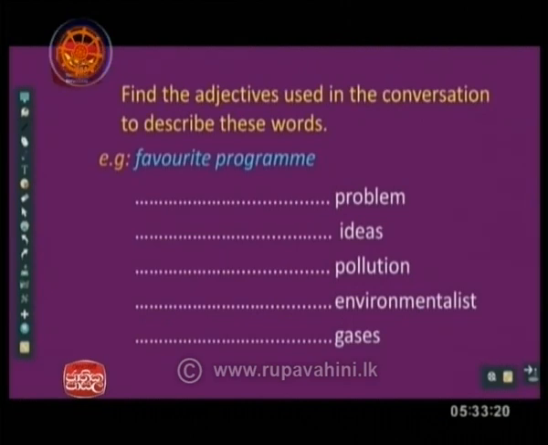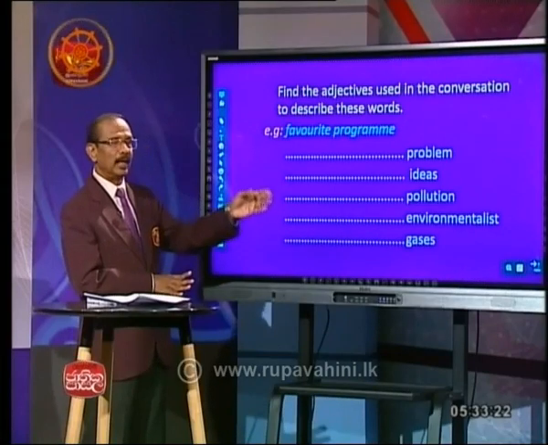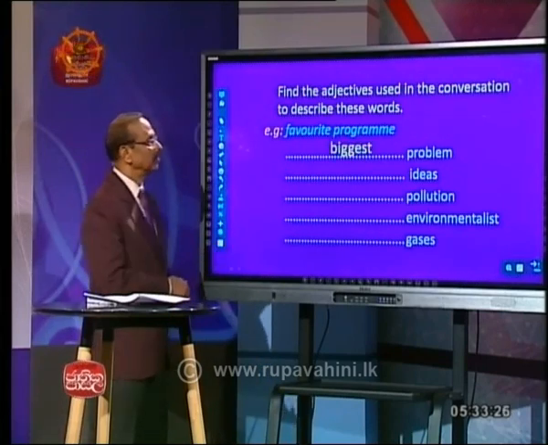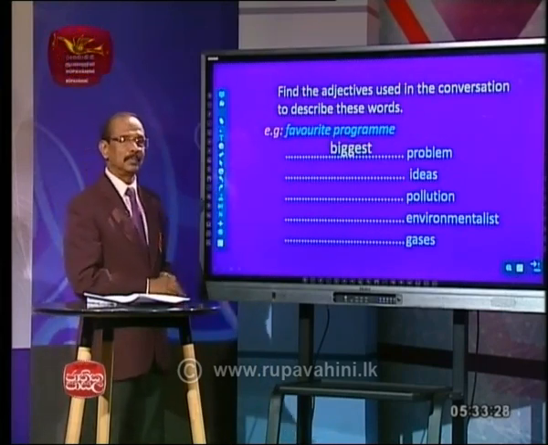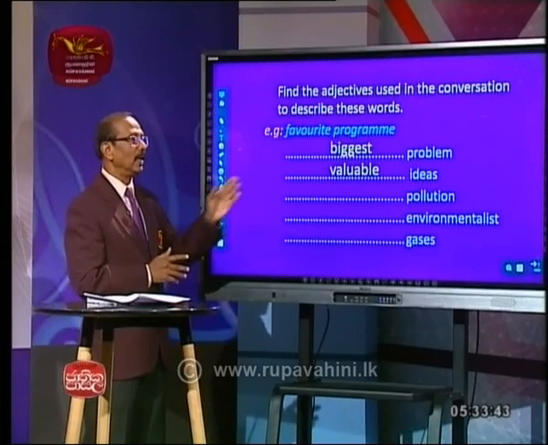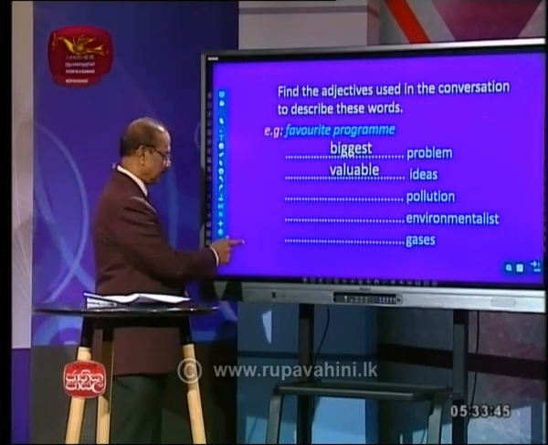What are they? Problem, ideas, pollution, environmentalist, gases. So, they are nouns. Let us try to find out the adjectives. First one, you get biggest problem. So, it is in the superlative form, big, bigger, biggest, biggest problem. Then you remember ideas, valuable ideas. So, valuable is an adjective.